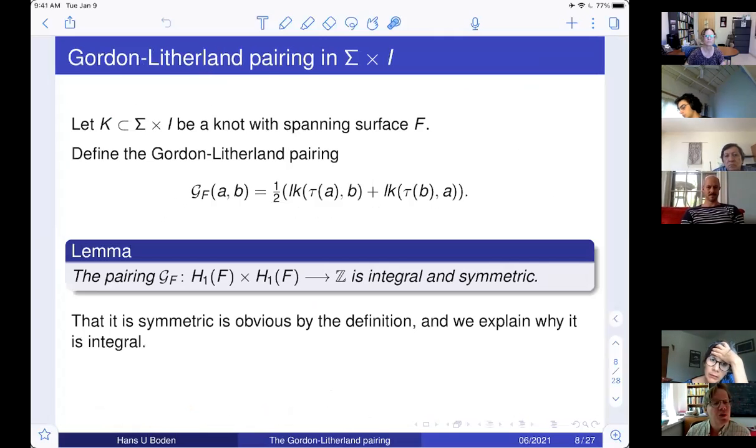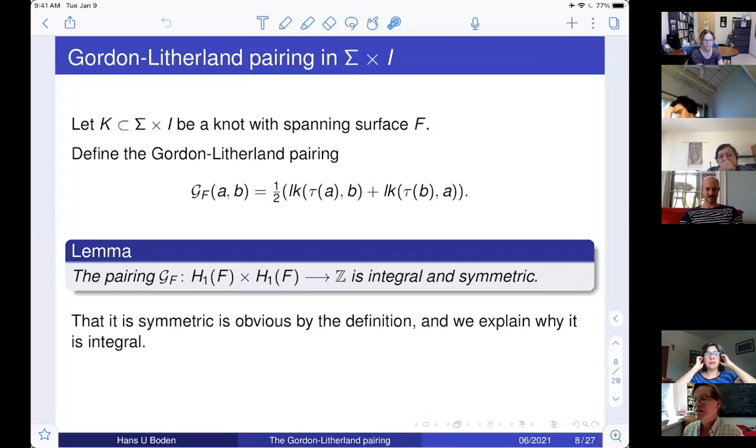And so we'll define the Gordon-Litherland pairing now for knots with spanning surfaces F to be the average of the linking number of the transfer of A with B plus the linking number of the transfer of B with A. There's an equivalent formula which appears in the paper, but this formula is maybe preferable because it's clear from the formula that this is a symmetric pairing.